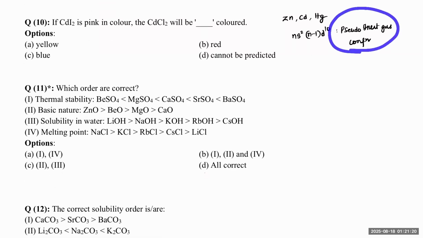If you have pseudo inert gas configuration, there is no excitation of electrons here because electrons are very stable in their states. So you will hardly find any electron to take energy and go into the higher orbit. So that is not how the electron transition will happen. Since electron transition is not happening this way, we cannot predict the color.